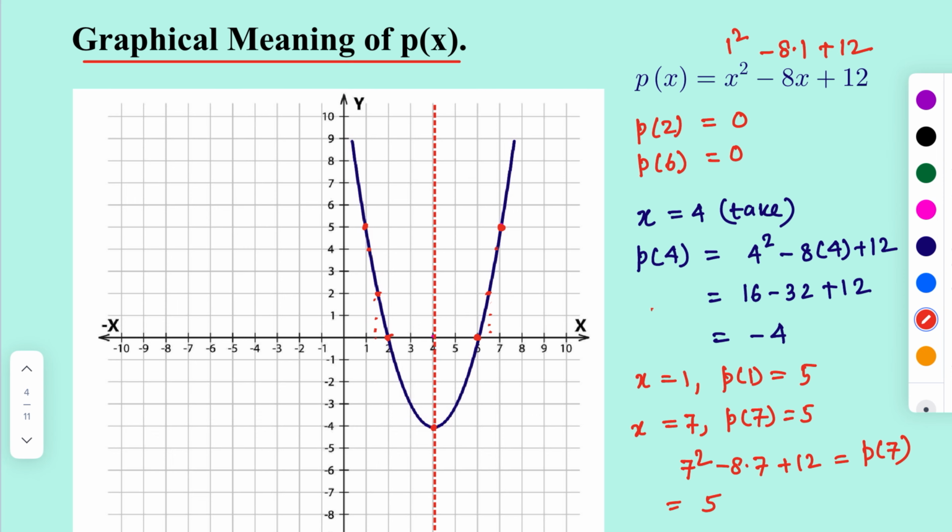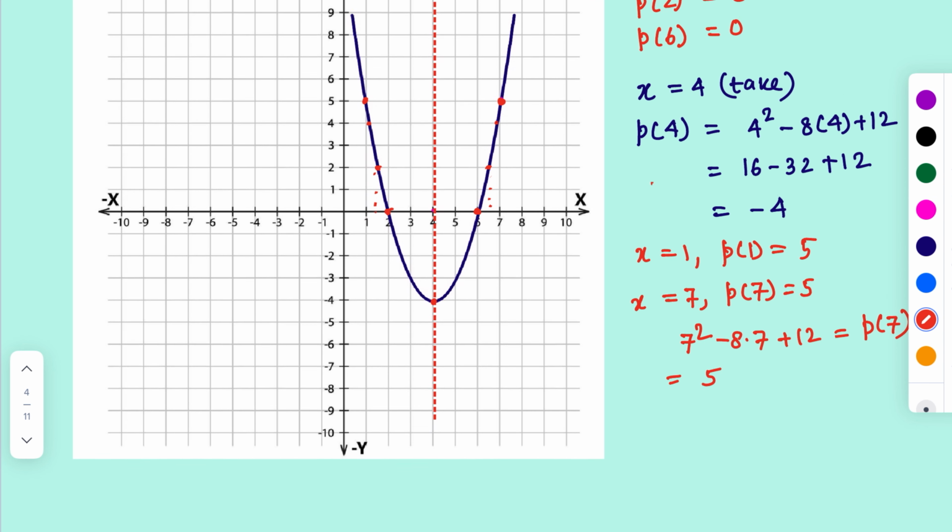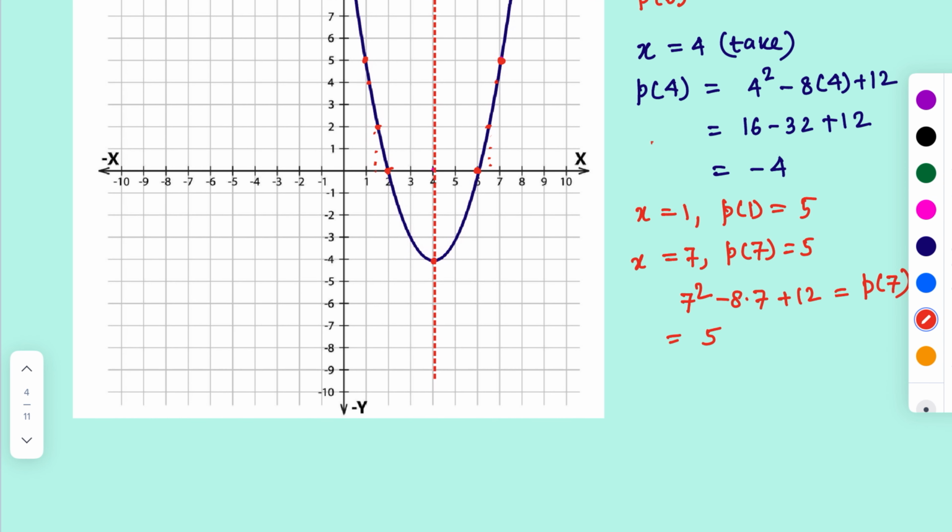That in detail we will read in the higher classes. Now the graphical meaning is how many times it cuts the x-axis, and in this case it cuts the x-axis at 2 points. One is 2 and another is 6. What are 2 and 6? 2 and 6 are the zeros of the polynomial.